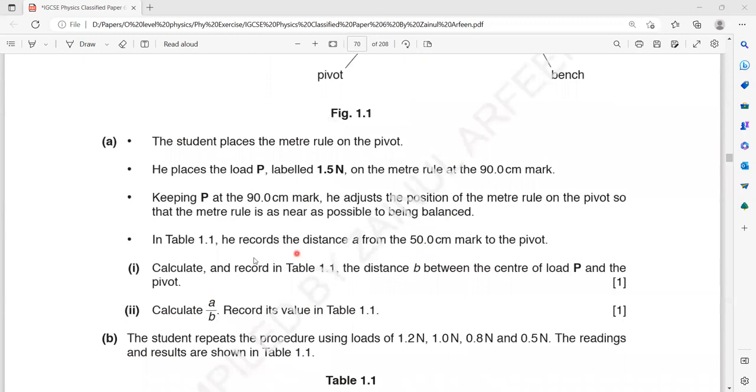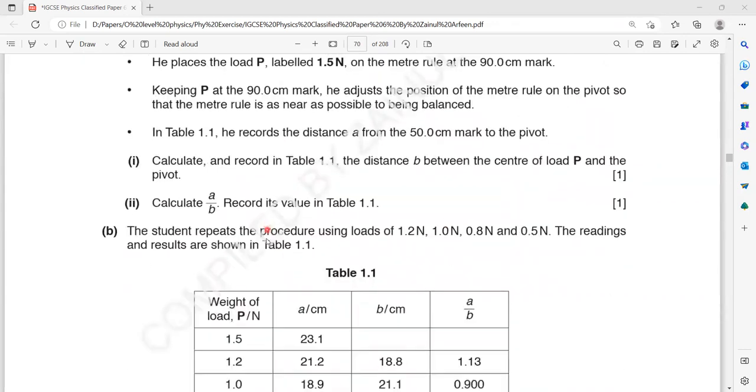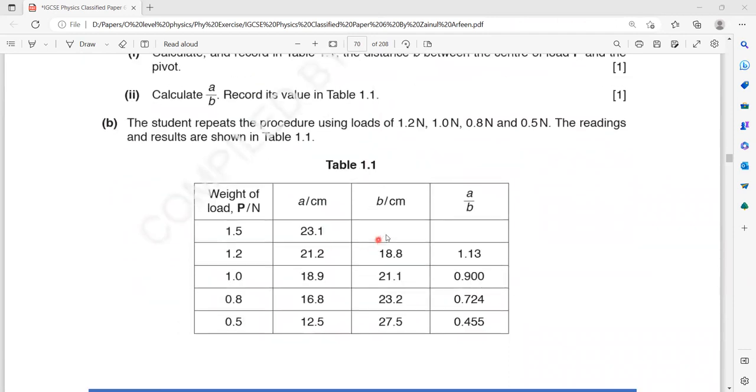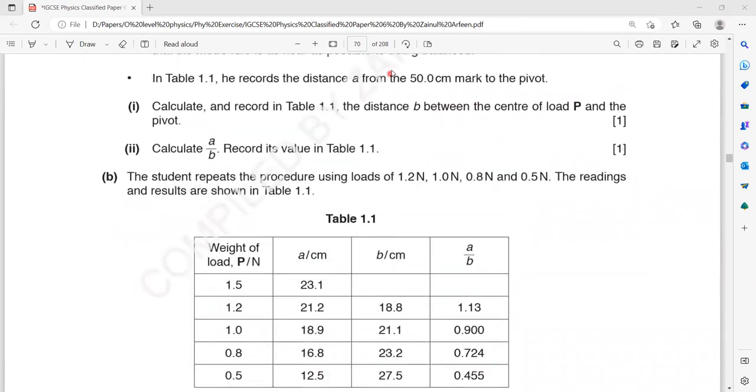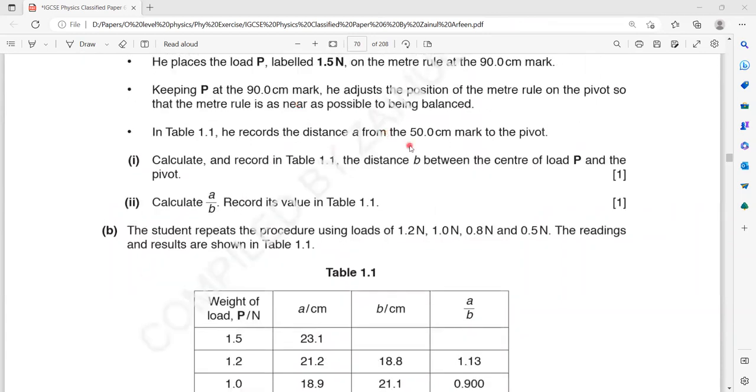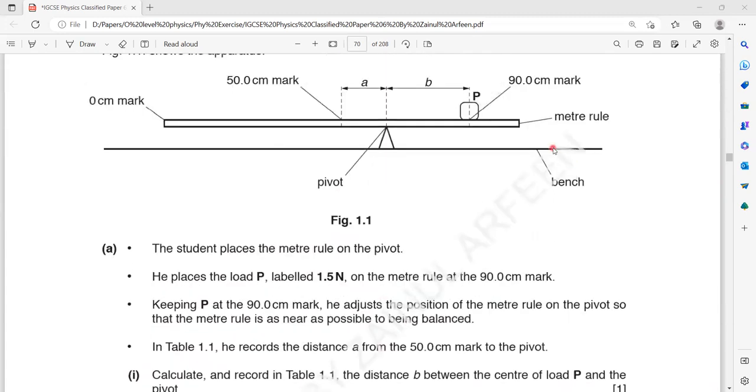So he recorded that A is the distance from the 50 centimeter mark to the pivot, and you have to calculate and record in table 1.1 the distance B between the center of the load and the pivot.